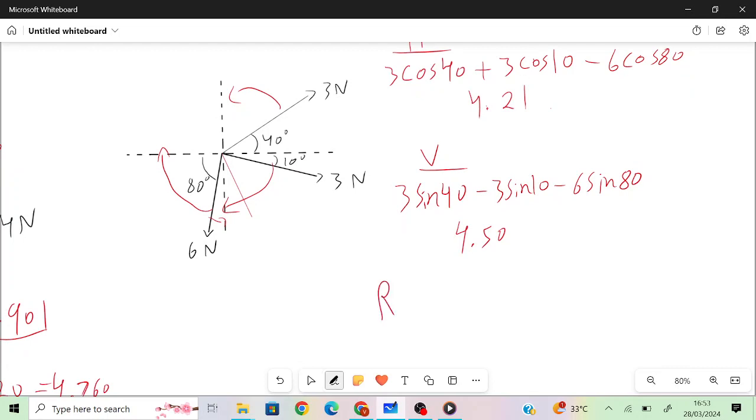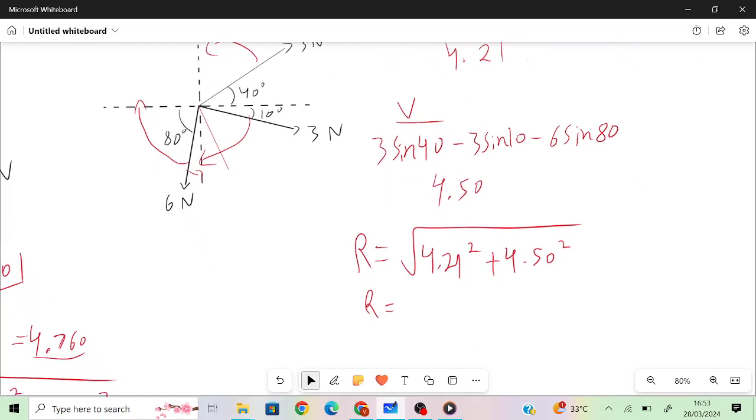Again, same formula. The resultant is the square root of 4.21 squared plus 4.50 squared. That is 6.16 newtons. That's the resultant.